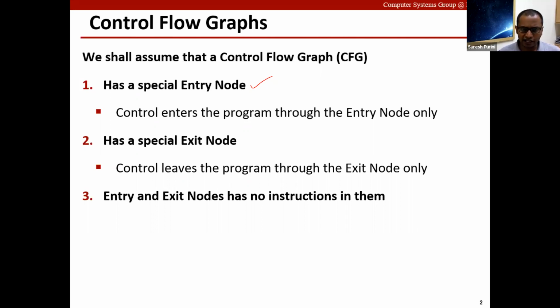And these entry and exit nodes don't have any instructions in them. So we assume this without loss of generality because given any arbitrary control flow graph, we will be able to transform that control flow graph into a form which has these three properties. That is, it has a single entry node, it has a single exit node, and entry and exit nodes don't have any instructions in them.